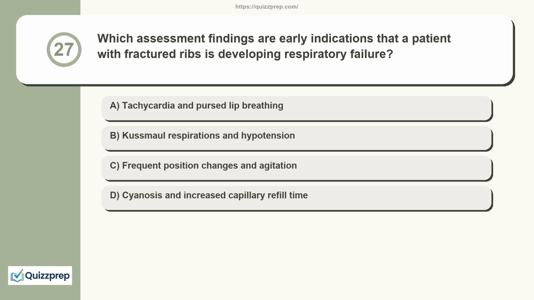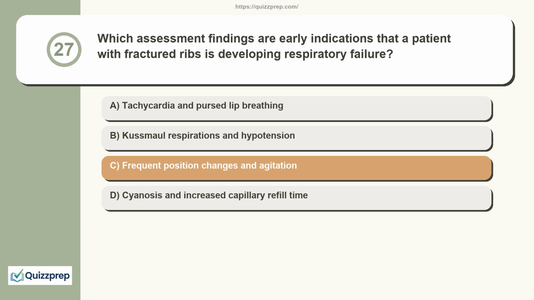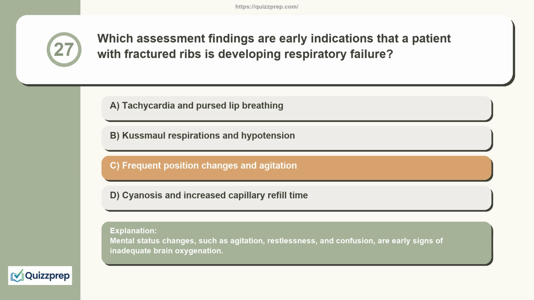Question 27. Which assessment findings are early indications that a patient with fractured ribs is developing respiratory failure? Tachycardia and pursed lip breathing, Kussmaul respirations and hypotension, frequent position changes and agitation, cyanosis and increased capillary refill time. Mental status changes, such as agitation, restlessness, and confusion, are early signs of inadequate brain oxygenation.